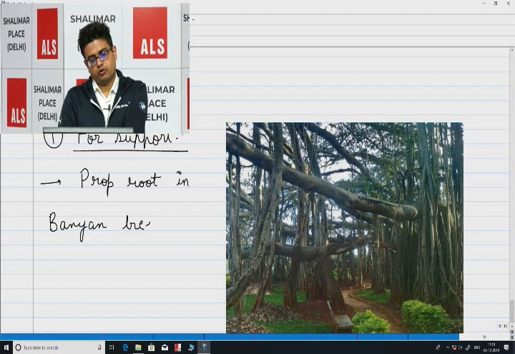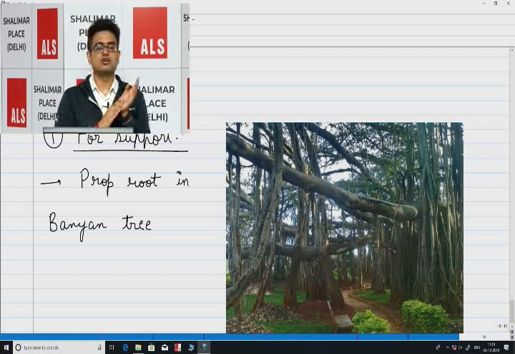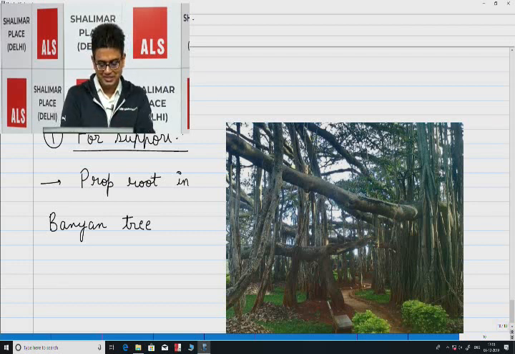What is the botanical name of banyan tree? I believe I told you. I think I told you that there are many species of banyan: Ficus bengalensis, Ficus glomerulosa, Ficus religiosa, Ficus krishnae. Nobody remembers?